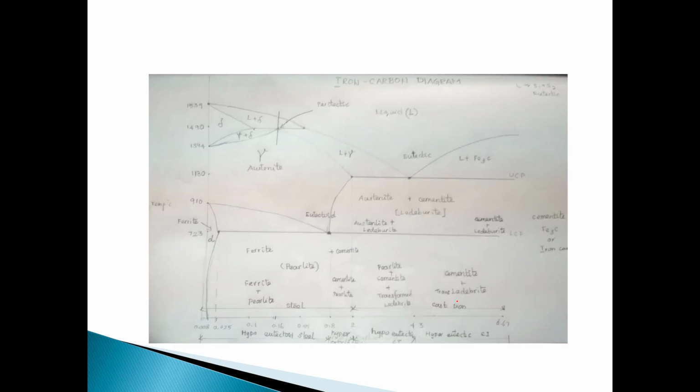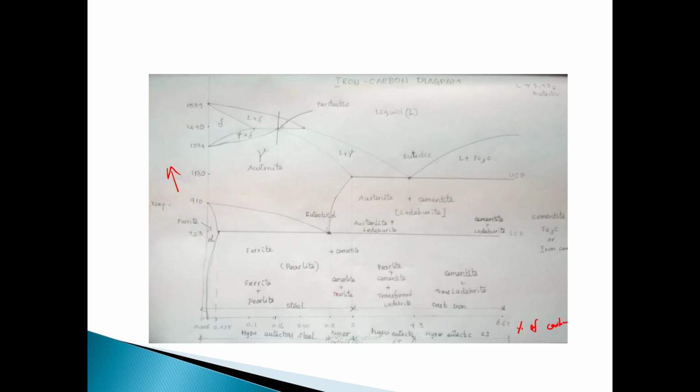So here we have the iron carbon diagram. The horizontal axis gives the percentage of carbon, starting from 0.008 to 6.67. The vertical axis gives the temperature.